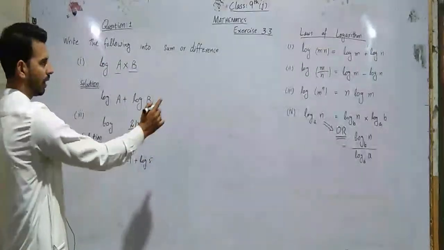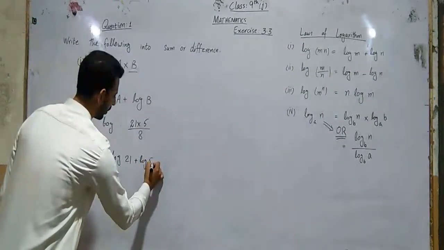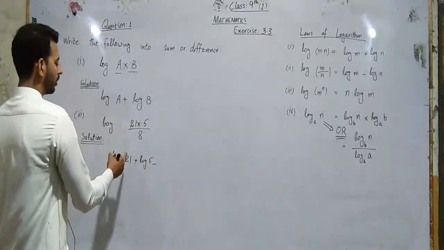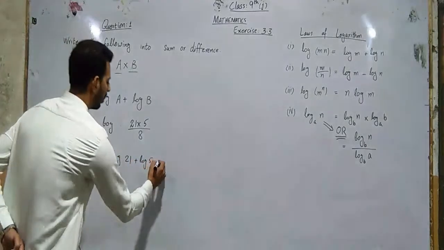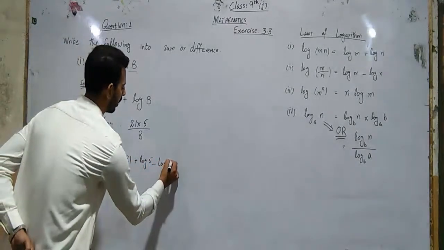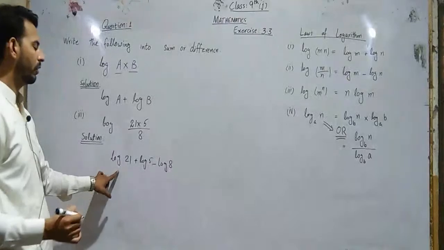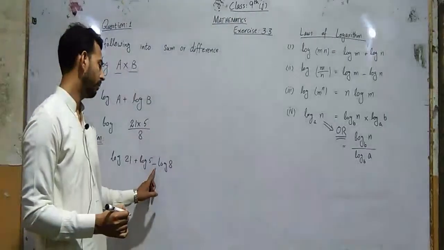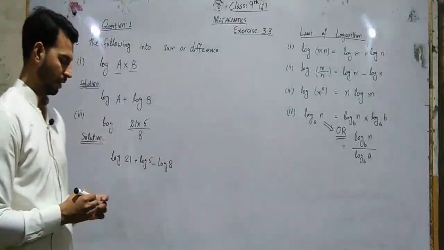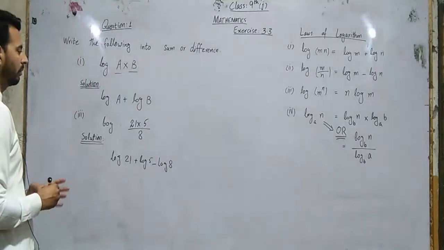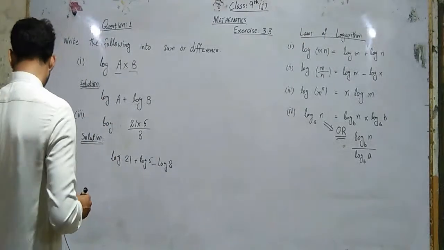Now the division part. What will we do? We put the minus here, so log 8. Log 21 plus log 5 minus log 8. So this is the method to solve these questions.